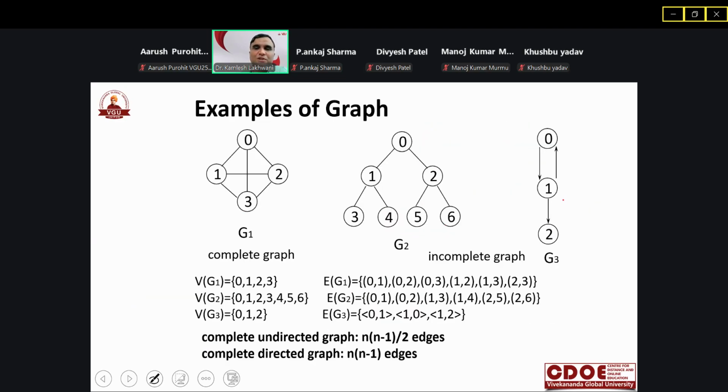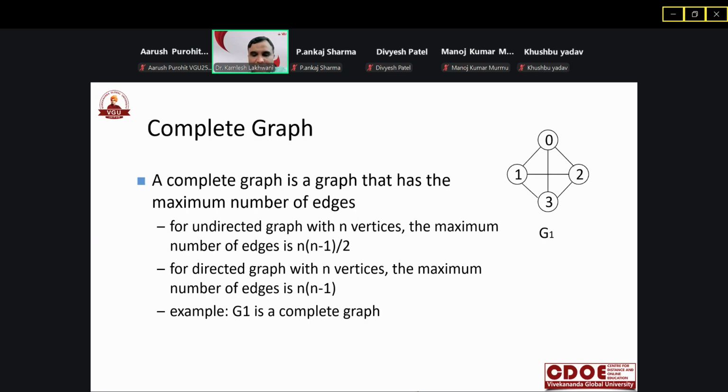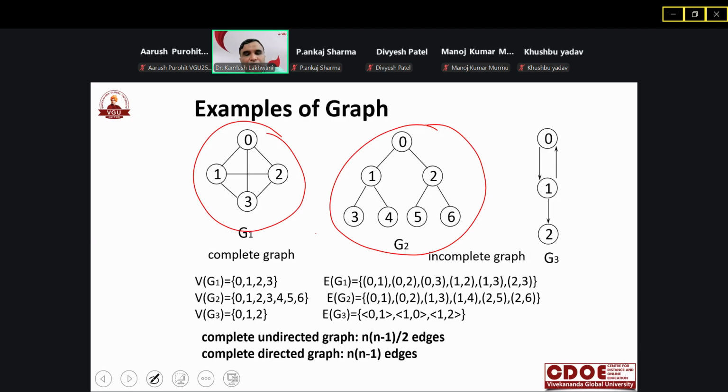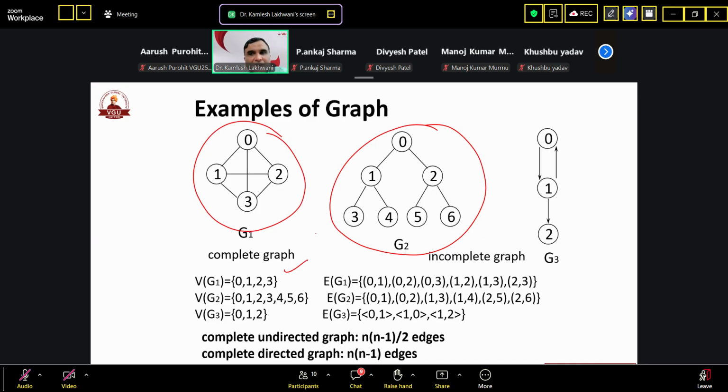So just move to the next slide. Now try to understand the different examples of the graph. So here, this is graph G1. There is another graph that is called G2. G1 can be called a complete graph because there is a connected edge between every node and every other node.